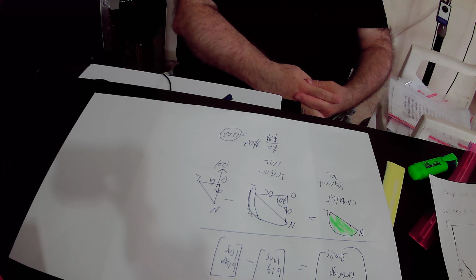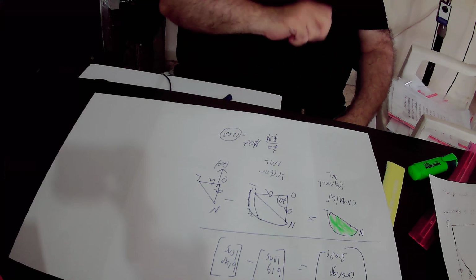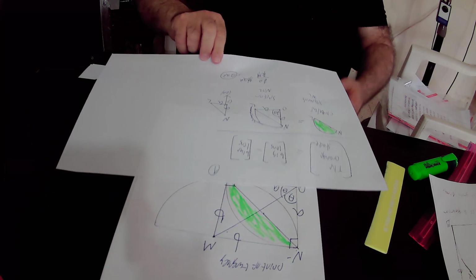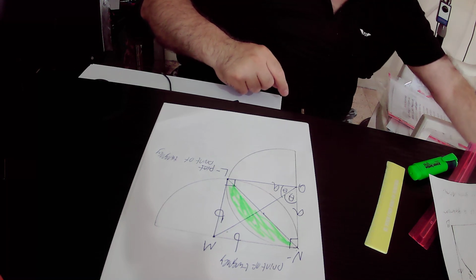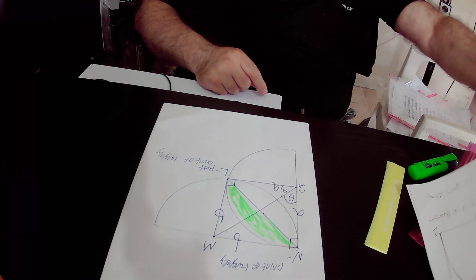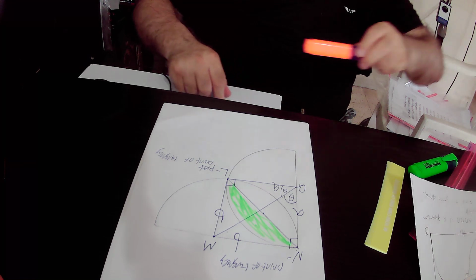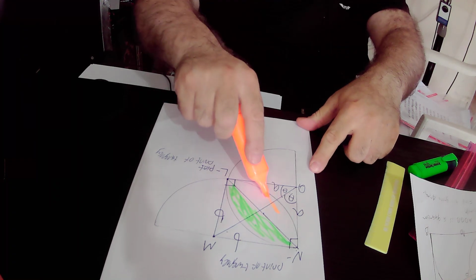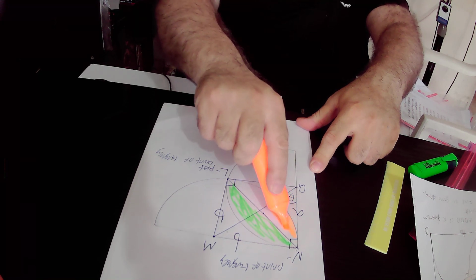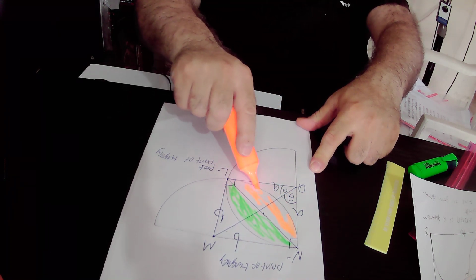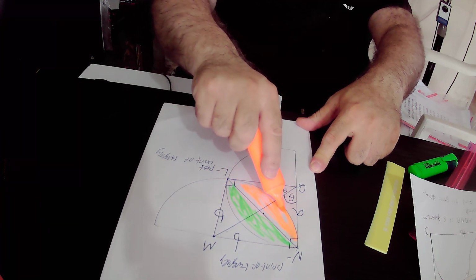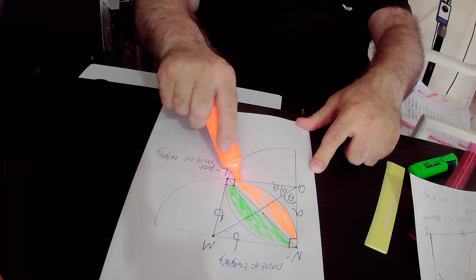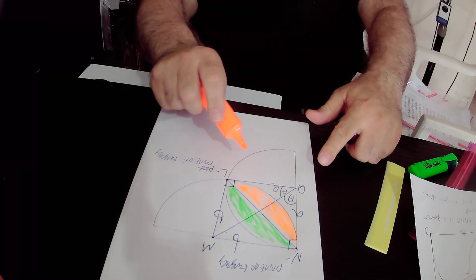Okay, now we finished with the upper circular segment. In the next step, we will calculate the area of the lower circular segment. The shape in the green color, this is the lower circular segment, so we'll calculate the area of this shape. We will add the 2 areas together.